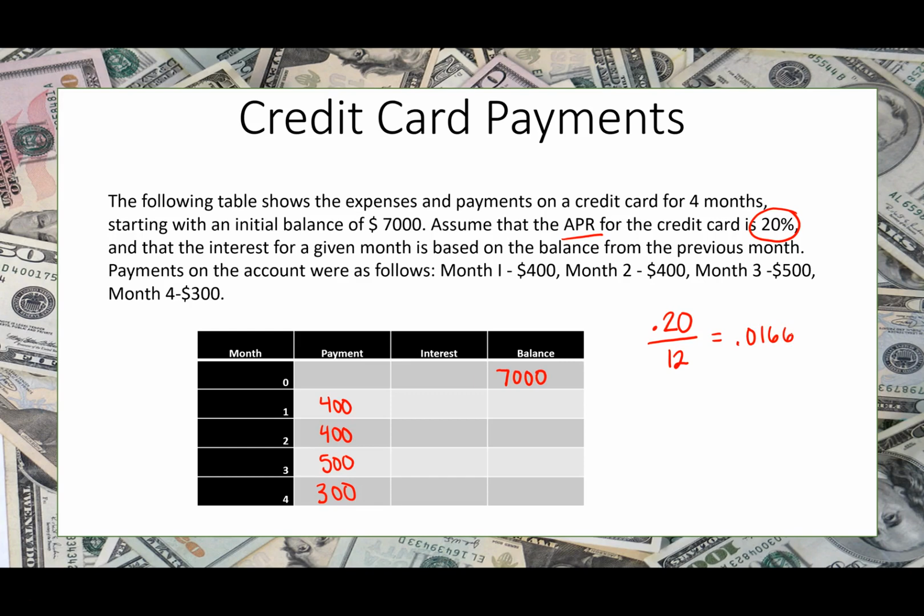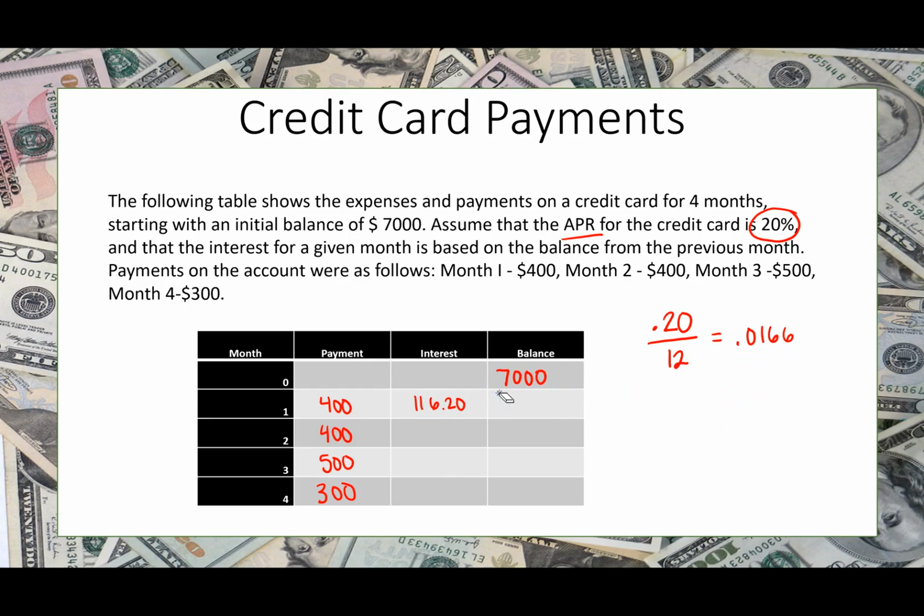So to get from the balance to the interest, I am going to multiply 7,000 times this 0.0166. Let me do that now. And I get $116.20. Again, what did I do there? I multiplied this 7,000 times this value right here.